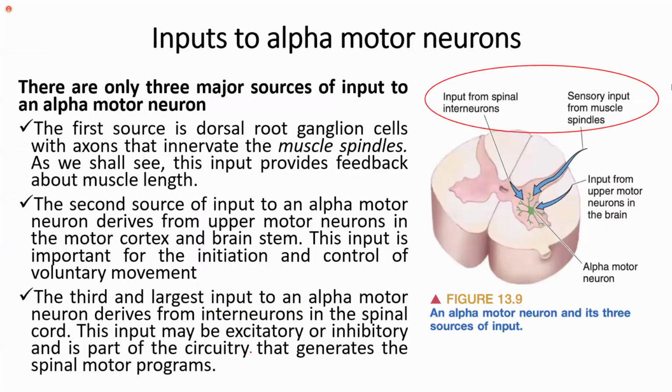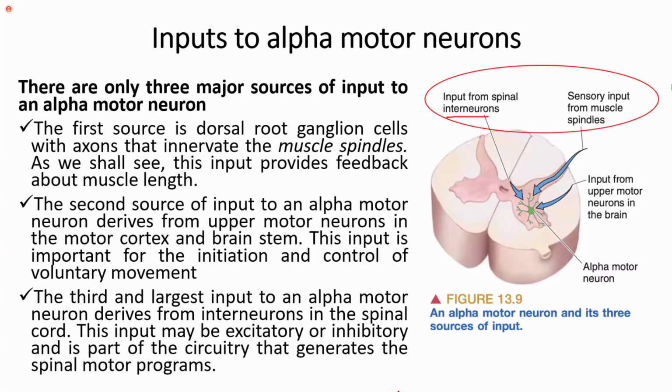Now, as you can see, the alpha motor neuron can receive inputs from 3 sources, because we said that the lower motor neurons are the final pathway for the execution of the contraction of the muscles. The first source is input from the spinal interneurons, which are local to the spinal cord.